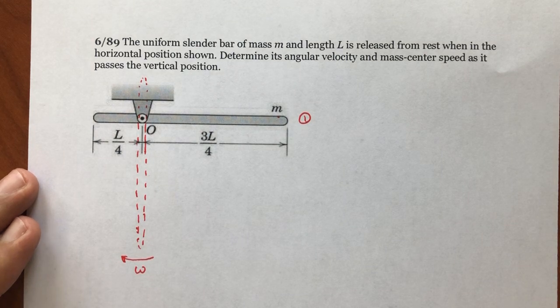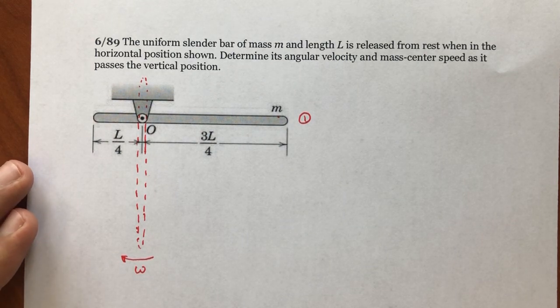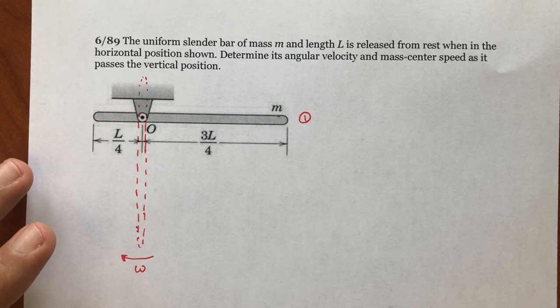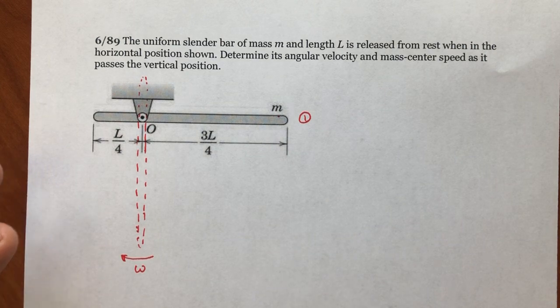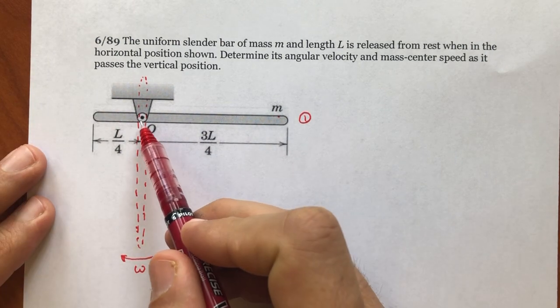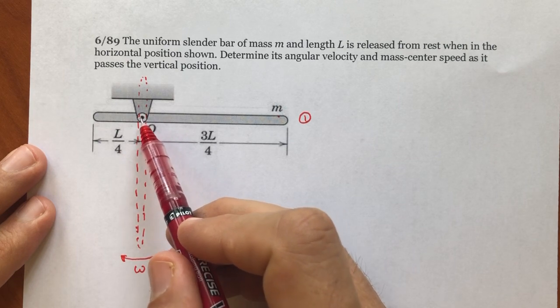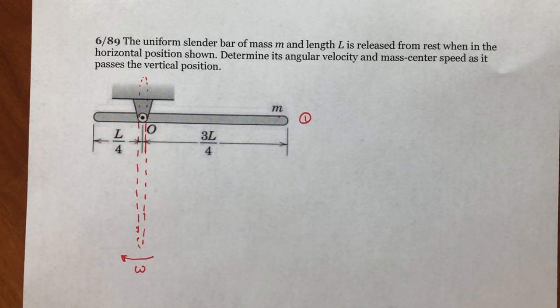You can solve this problem without using the work energy equation. That's absolutely possible. But if you can use the work energy equation, usually it is the simplest way to solve a problem, because we are not dealing with accelerations, and also if you have a reaction force, reaction forces don't do any work, so we don't need to consider them.